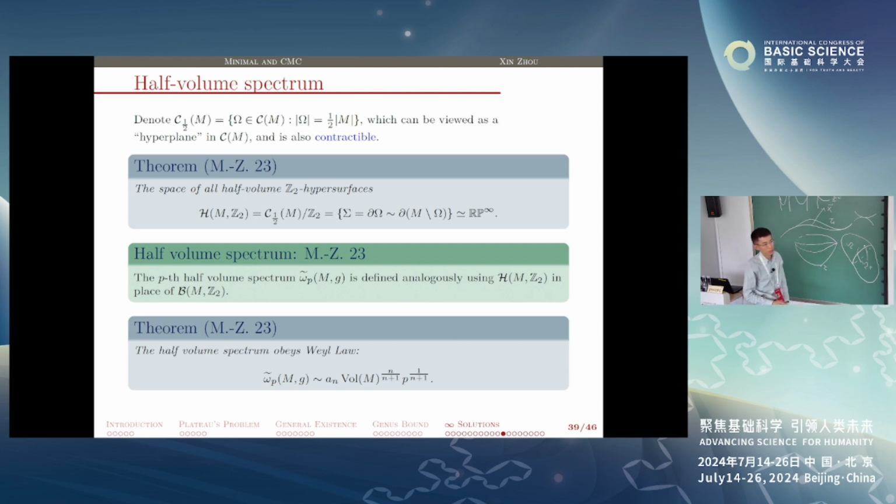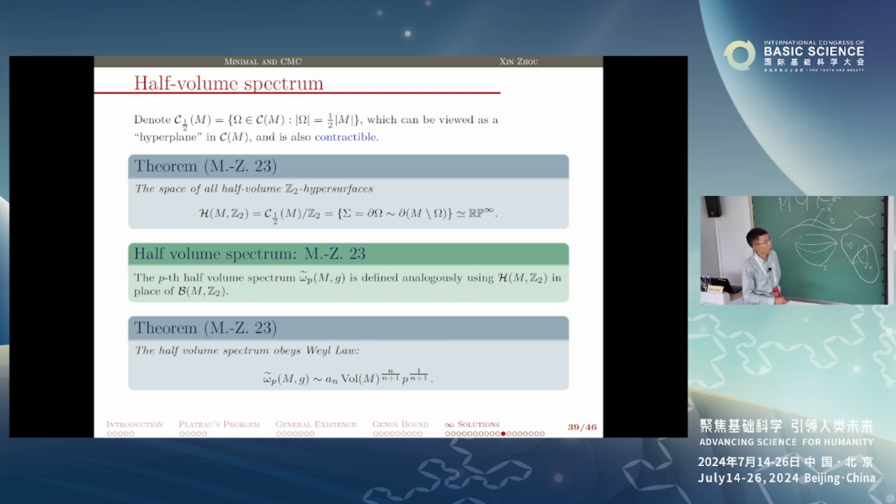It's again contractible. And if you quotient by Z2, these are the fixed points under the Z2 action, because when you flip, it still bounds half of the volume. We call it half volume Z2 hypersurfaces. This is also homotopic to RP infinity.